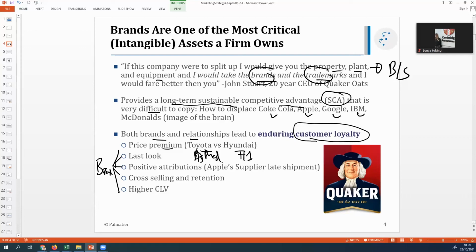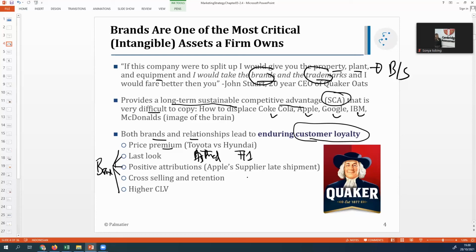And then what else? The positive attribution. Let's say there is a supplier having a late shipment to Apple. The news is not that Apple had a late shipment. Let's say the product from Apple is late coming to Indonesia, supposedly last month, but it is delayed until next month.